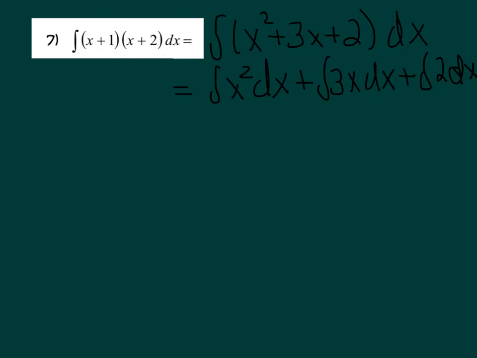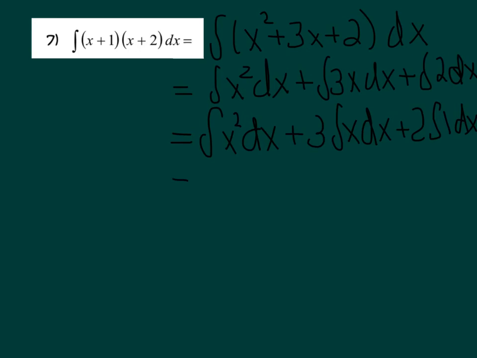So I'm going to rewrite this one, because I'm not doing anything with this integral yet. But here, I'm doing 3 times the integral of x times dx plus 2 times the integral of 1 times dx.